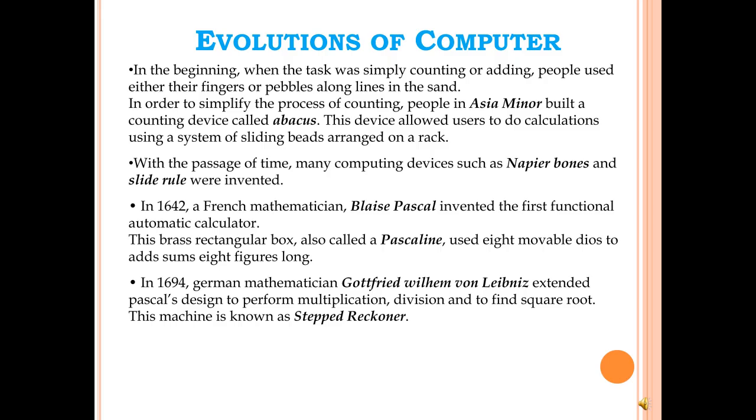So, in the beginning, when the task was simply counting or adding, people used either their fingers or pebbles along lines in the sand. In order to simplify the process of counting, people in Asia Minor built a counting device called abacus.